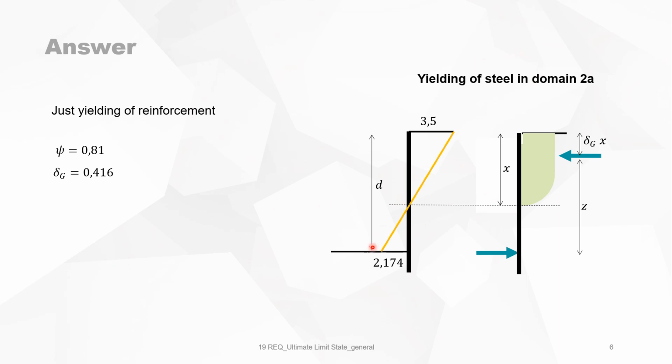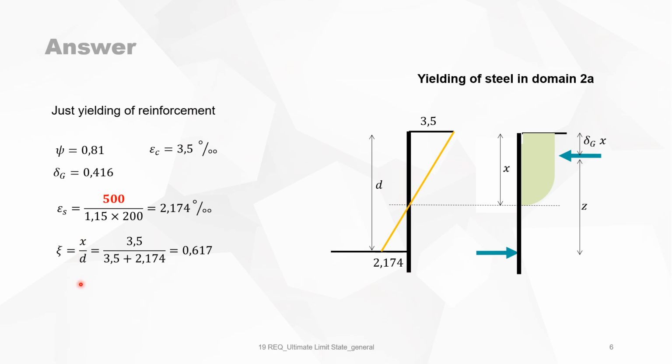We are still in domain 2A, so C is 0.81 and delta G 0.416. Epsilon C is 3.5 per mil, and epsilon S is just yielding. That means it is fyd, the design value of the yield stress of the reinforcement, divided by the elasticity modulus of the steel, and then divided by 1,000, so we express it in per mil.